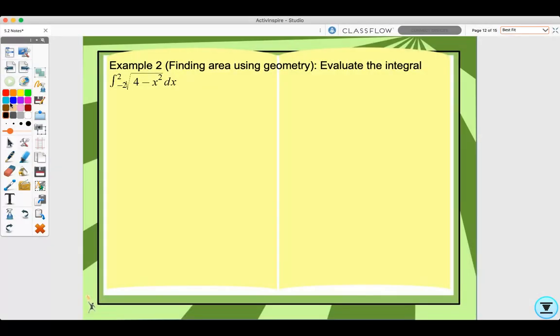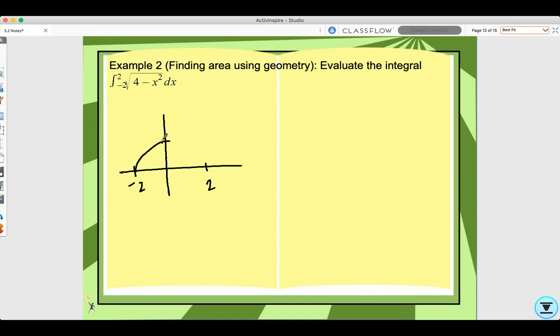Let's look at example 2, find an area using geometry. Evaluate the integral from negative 2 to 2 of the square root of 4 minus x squared dx. You should know what this looks like. If I were to graph this, it is a semicircle from negative 2 to 2, and it would look like this.